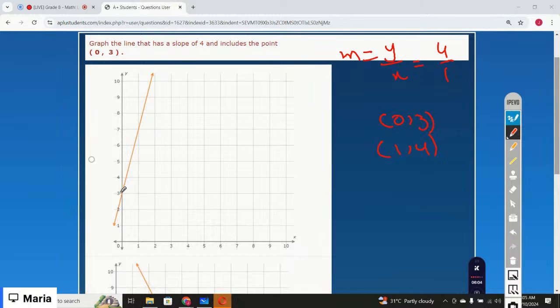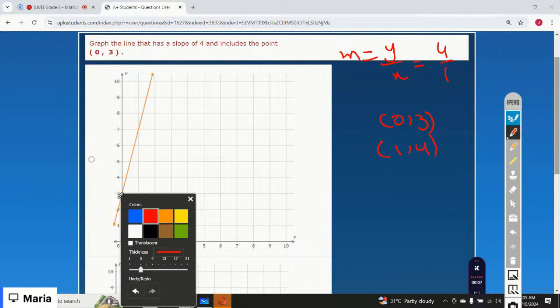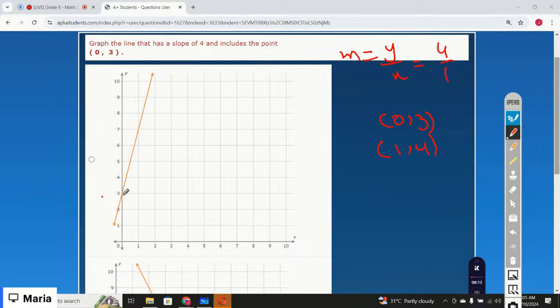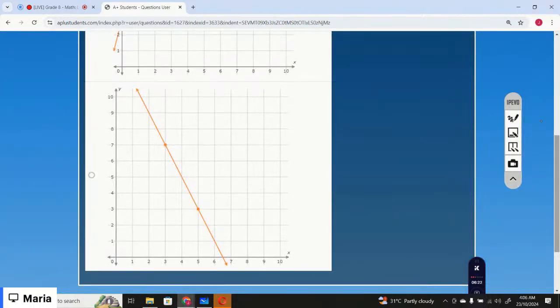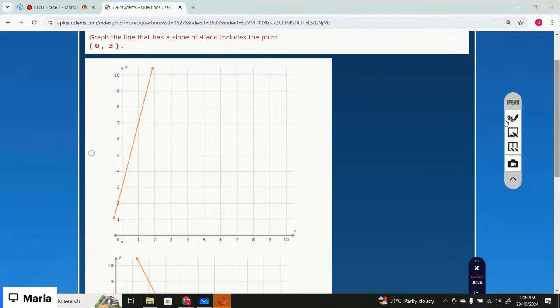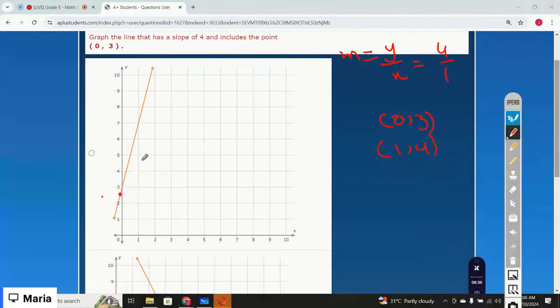X is 0, y is 3, right? X is 1, y is 4. 1, 2, 3, 4.